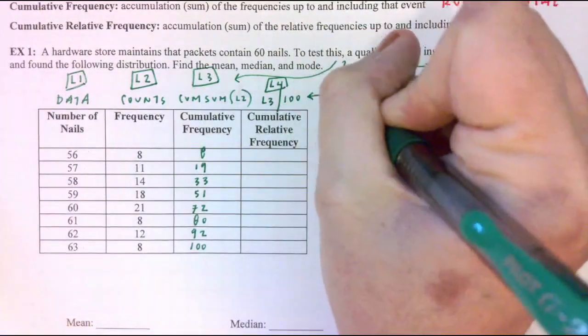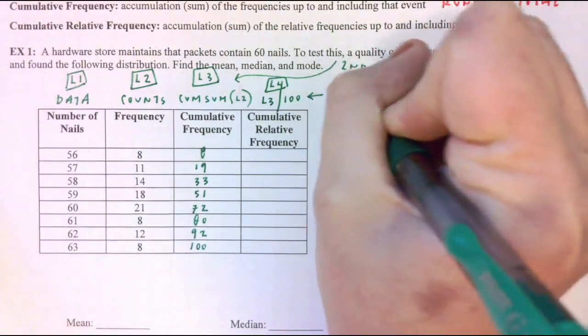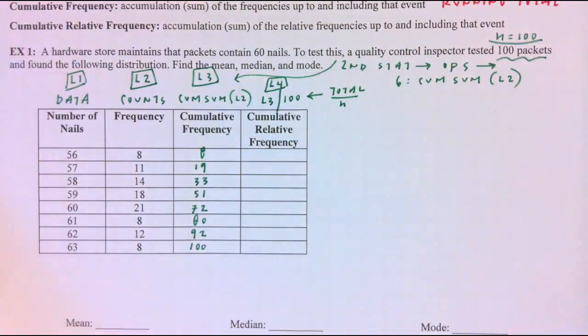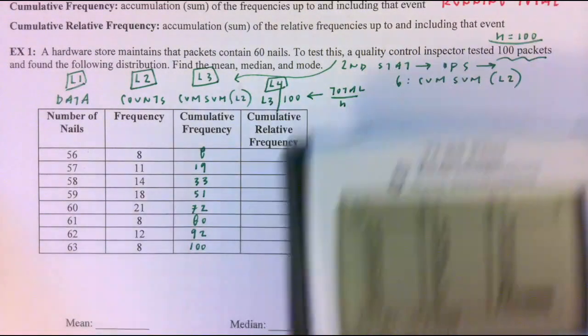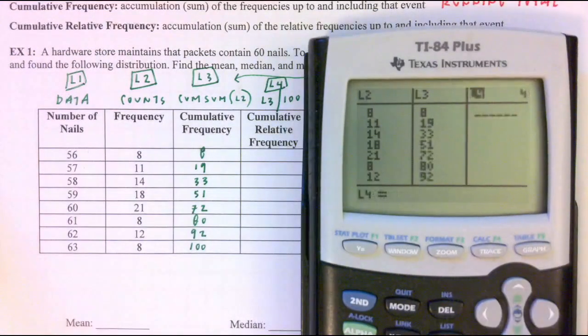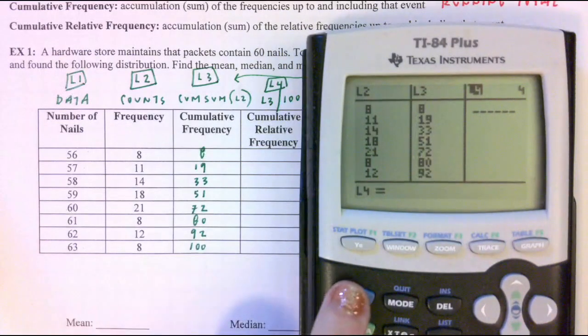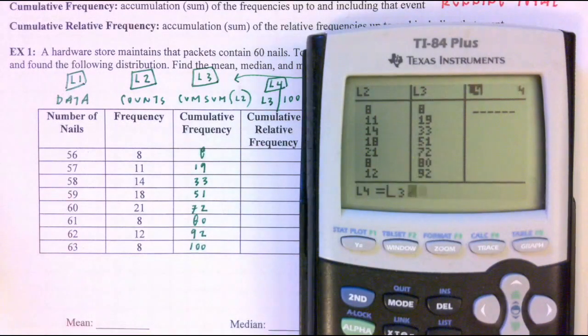So again, right here, this is looking at my total divided by N, right? That's just how much data I have. So if I slide over to my L4, I'm saying look at what's in the L3 divided by N. N is 100. So I hit enter and that column fills up.